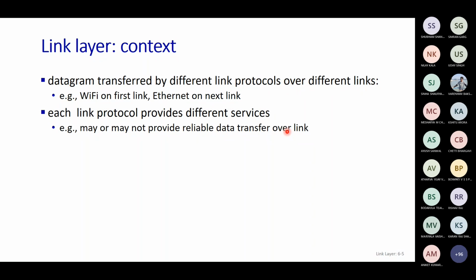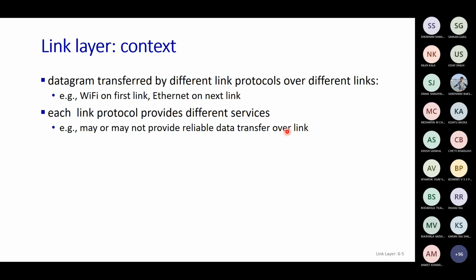Your system or your phone, from wherever you are trying to send your data, uses a wireless link to the access point or the router that you have in your house. But from there onwards, it can be a wired link. So it can be a mixture of wireless and wired links.